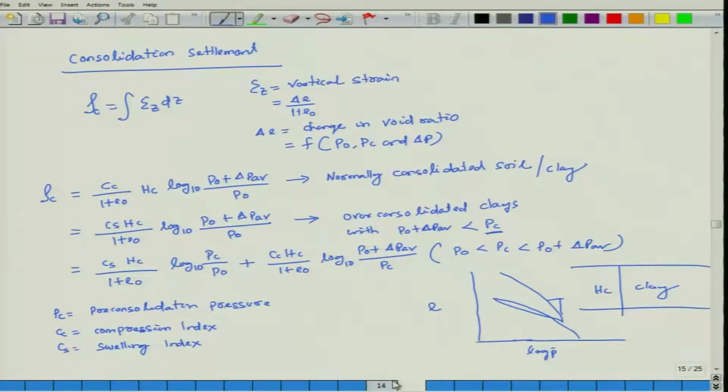From there, Cc is your compression index, Cs is your swelling index. Cc, this compression index, you can get from your virgin curve, Cs you can get from the slope of swelling, and recompression index you can get the slope from here. You can write it Cc, Cs, Cr, recompression or Cs sometimes said. This you can get from your consolidation graph, e versus log P.